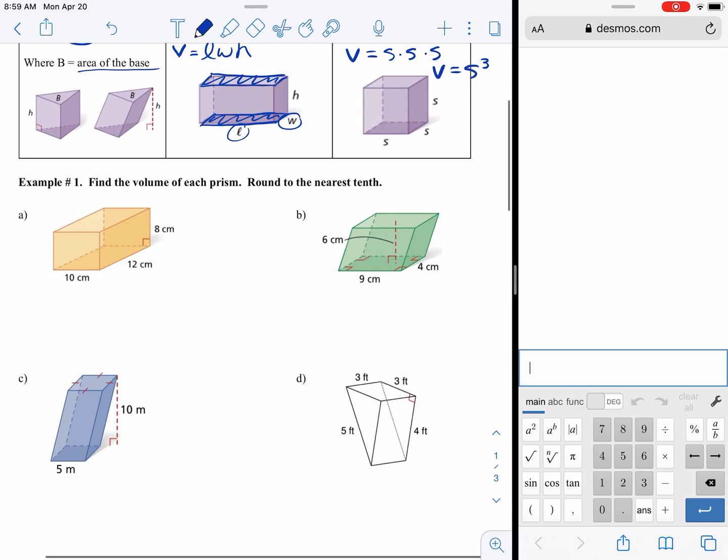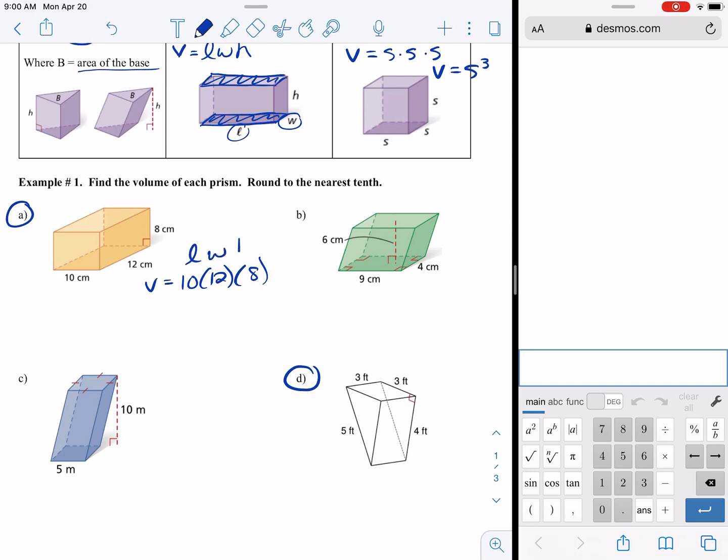So let's go ahead and do example A and example D together, and then I'll let you pause the video and you can work through B and C on your own. Okay, for A, this is a rectangular prism because the two parallel and congruent bases are rectangles. So our volume would just be 10 times 12 times 8.